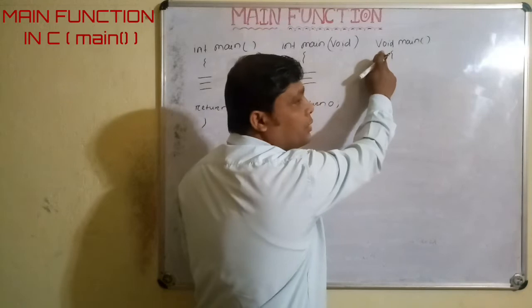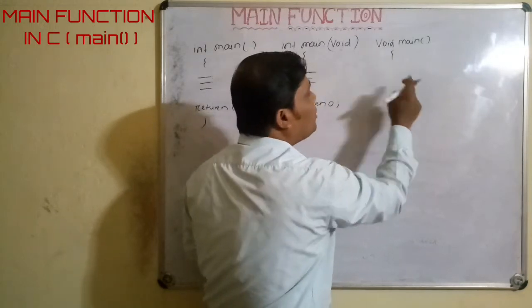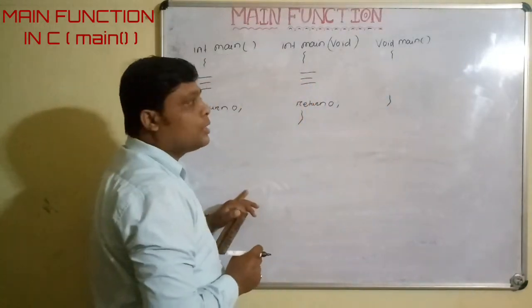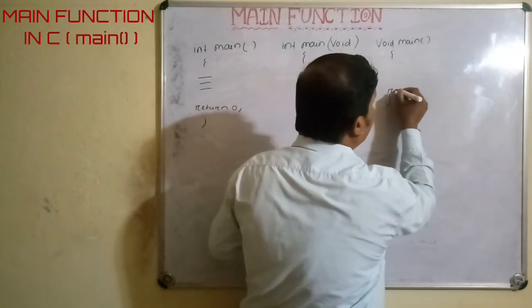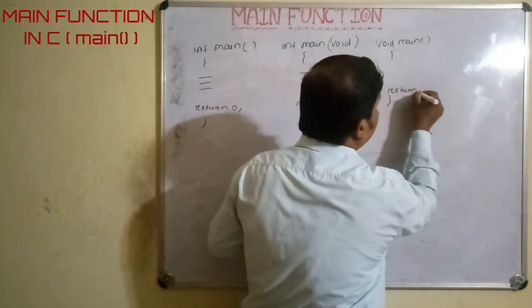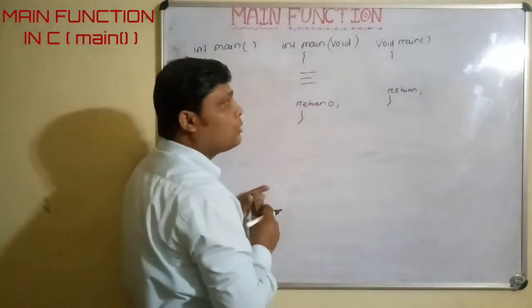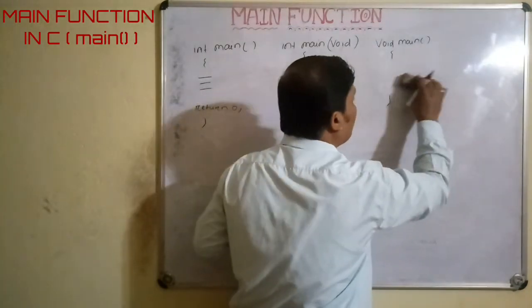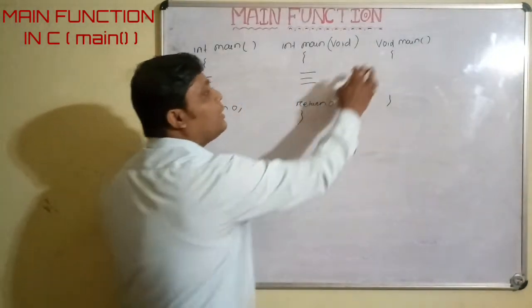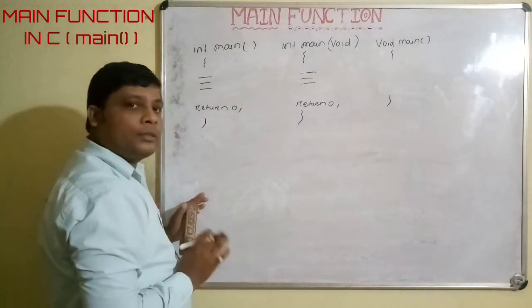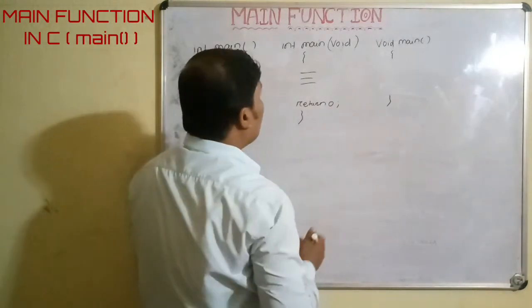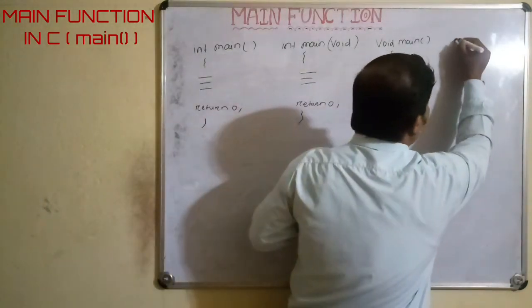As it is void main, the return type is void, so you need not return anything. Otherwise you may write only return with no value, or you need not write anything because the return type is void.